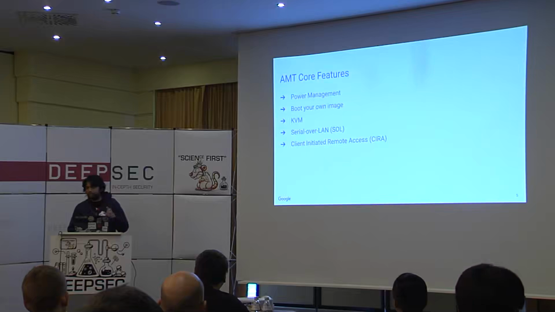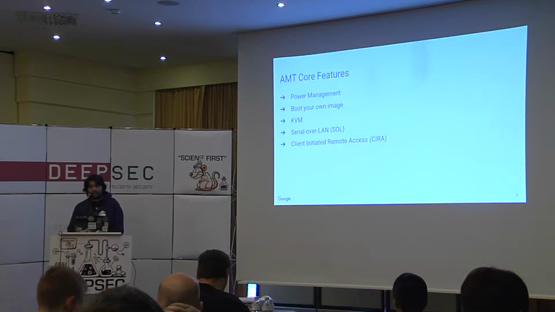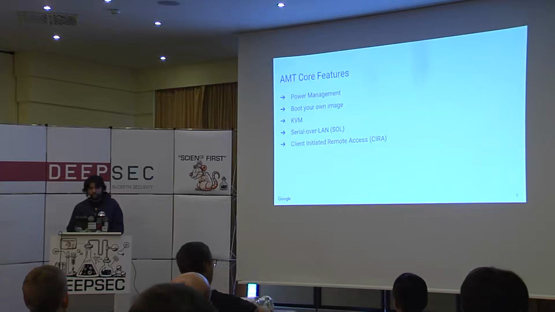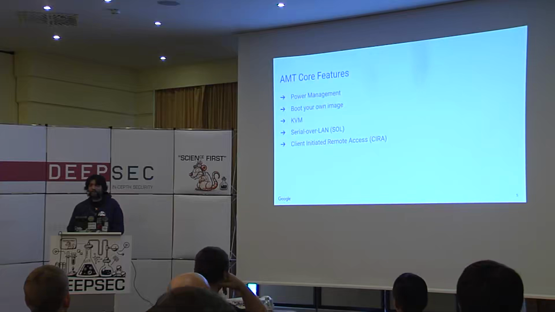So this way you can bypass NAT or anything else that you may have. CIRA tunnel can also be set up to auto-dial at specified times for checking in centrally. This is for checking in new settings, or this can be to check to make sure the laptop has not been marked as stolen. So hopefully that gives you a good idea of some of the core capabilities AMT has. Next, what are the requirements for having AMT?